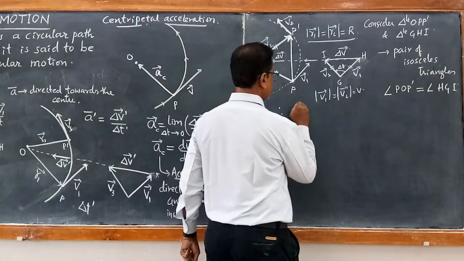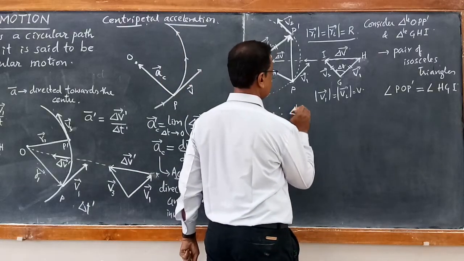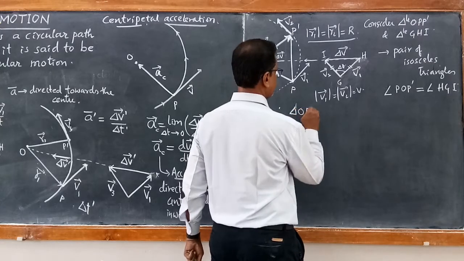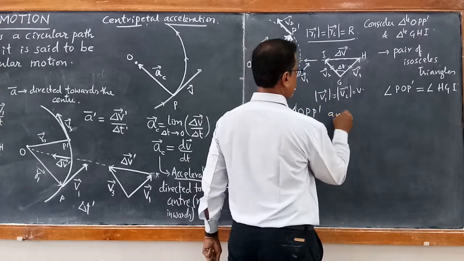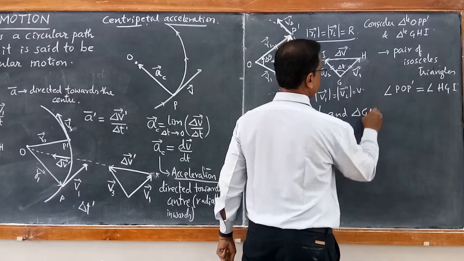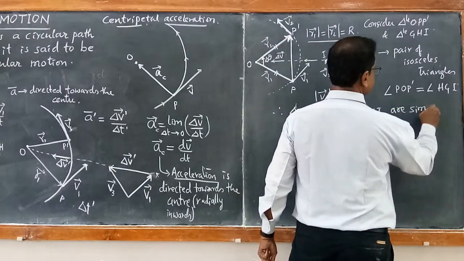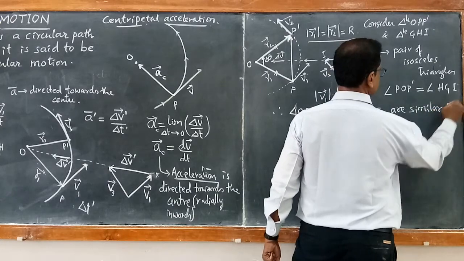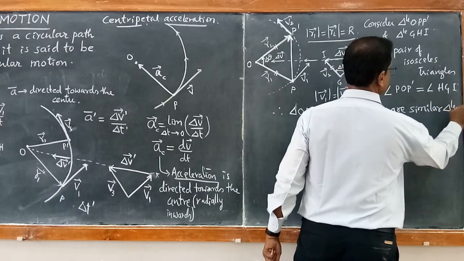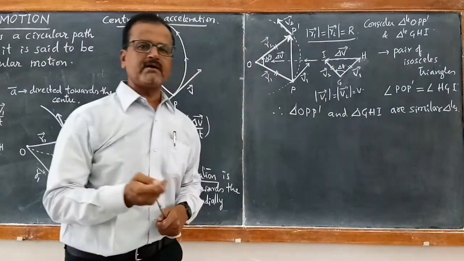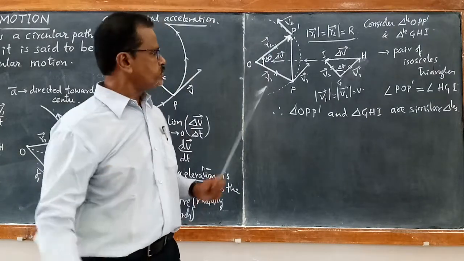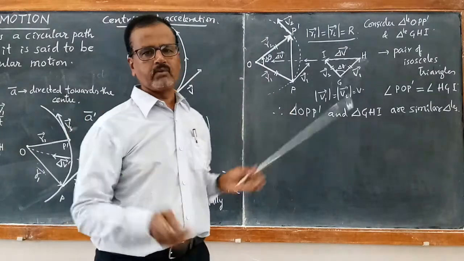Therefore, triangle OPP' and triangle GHI are similar triangles. Now we are applying the property of similar triangles: the ratio of their corresponding sides are equal.